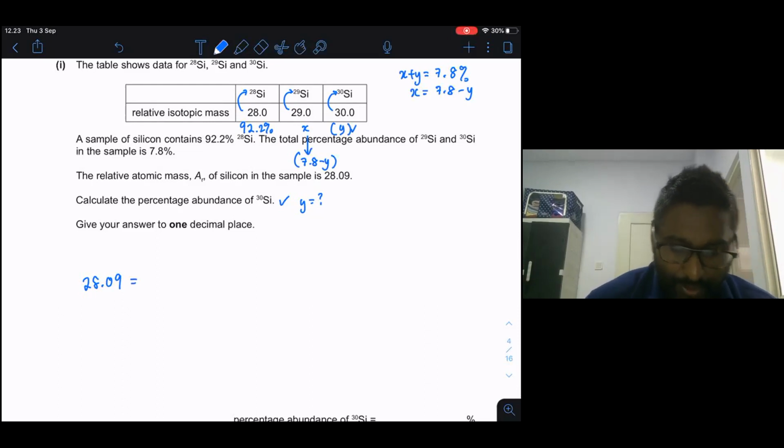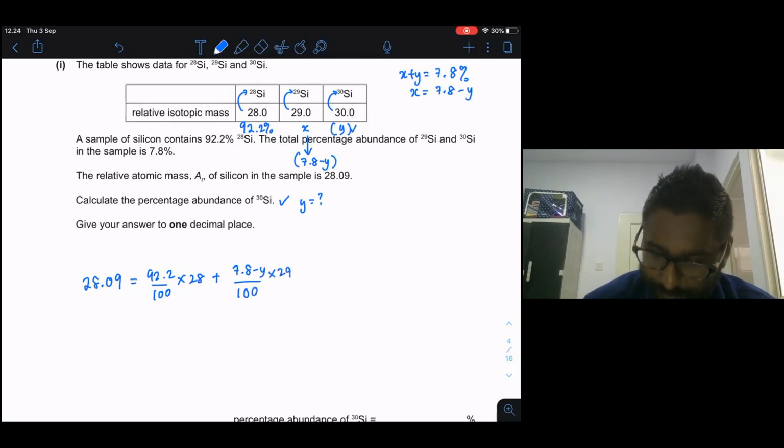So 28.09 equals 92.2% times 28, plus (7.8 minus Y) over 100 times 29, plus Y over 100 times 30.